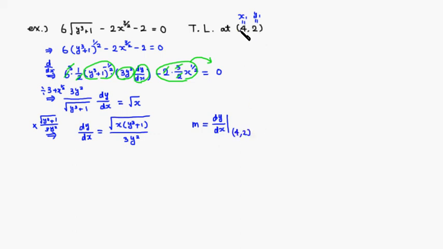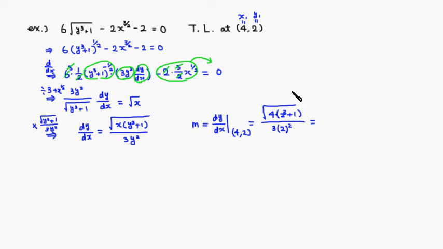So plugging in 4 for x and 2 for y, it's the square root of 4 times (2 cubed plus 1), over 3 times 2 squared. 2 cubed is 8, plus 1 is 9, and 4 times 9 is 36.